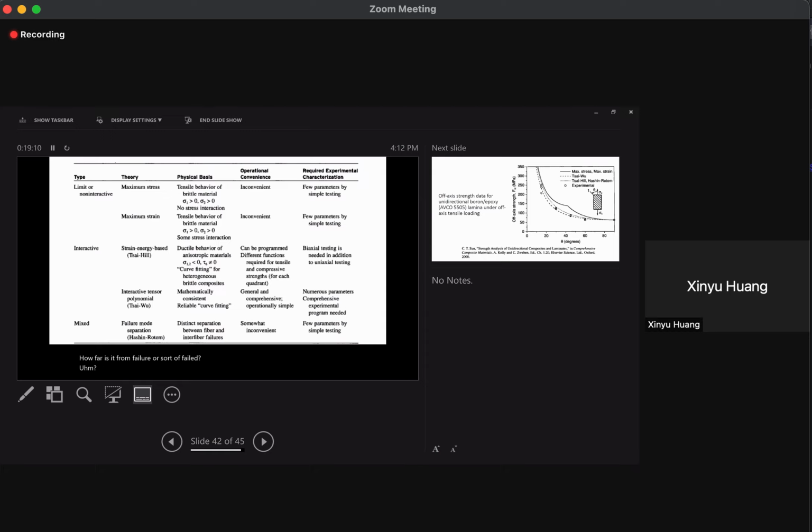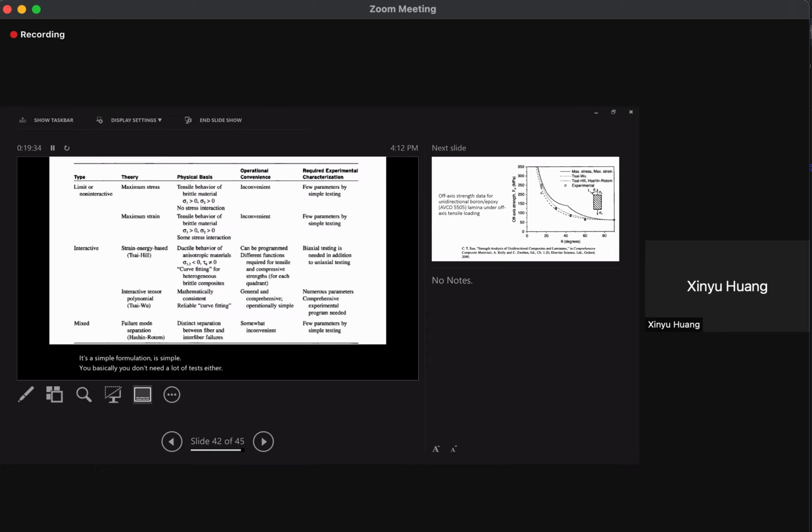All right, these are some of the characteristics, a very nice summary table for the 3 different kinds of failure theory. For the first type, it's a simple formulation. You don't need a lot of tests either.